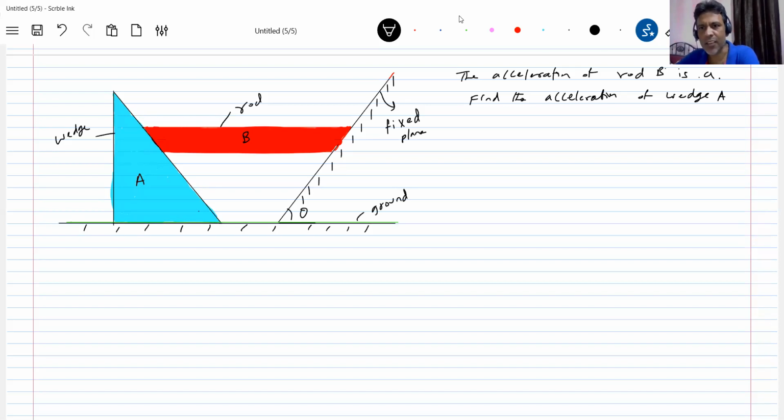Then it's saying the acceleration of rod B is A. Sir, he has given the acceleration of the rod as A, but he didn't say anything about the direction.